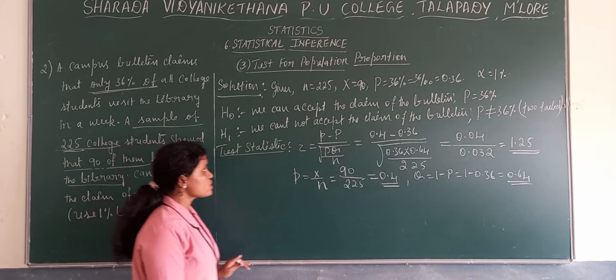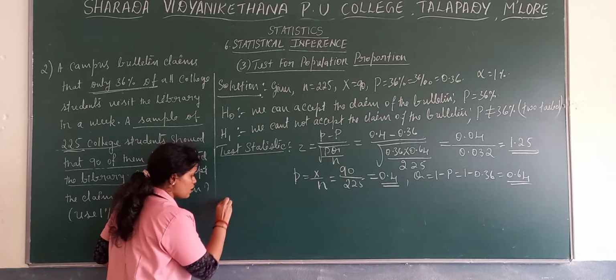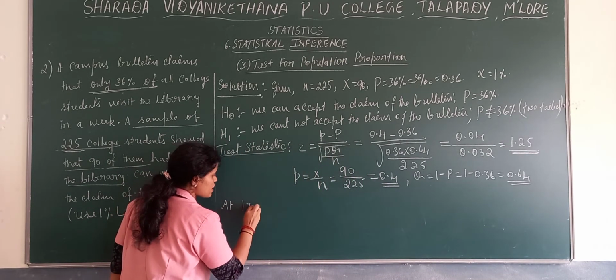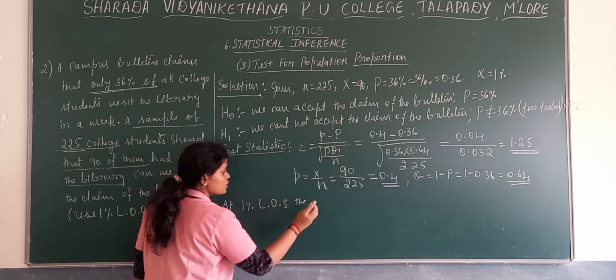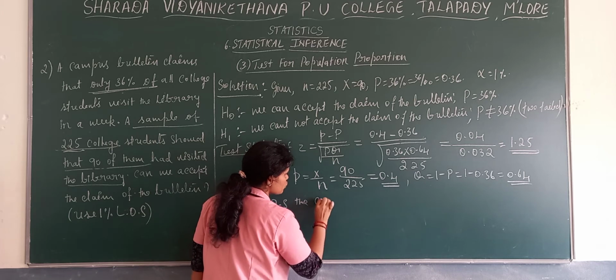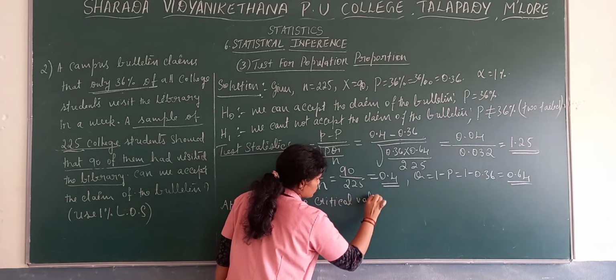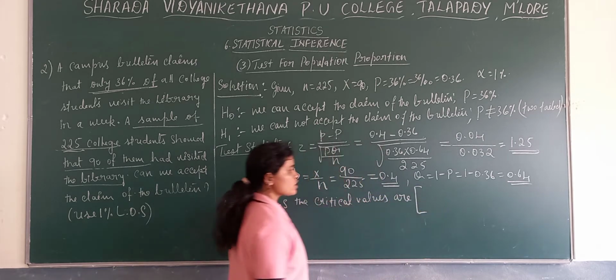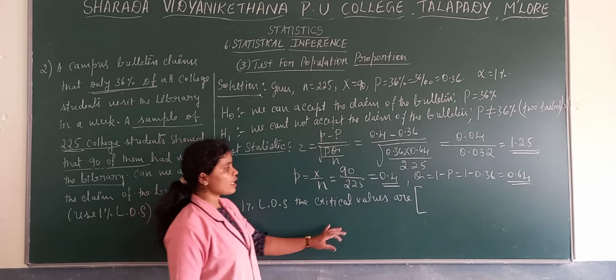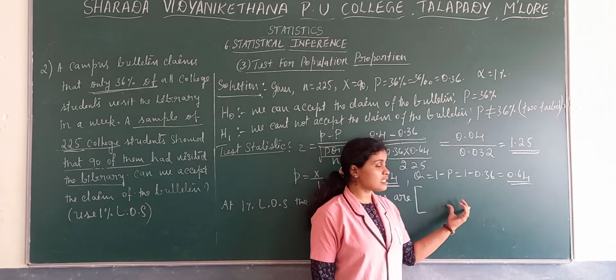Now take the level of significance. The level of significance is 1%. Now at 1% level of significance, since it is two-tailed, we need to check the critical value from the statistical table.